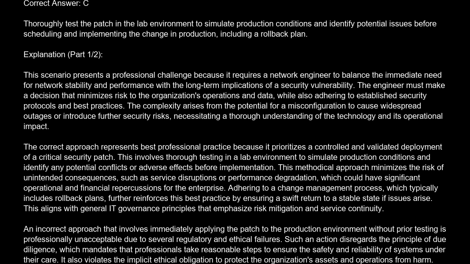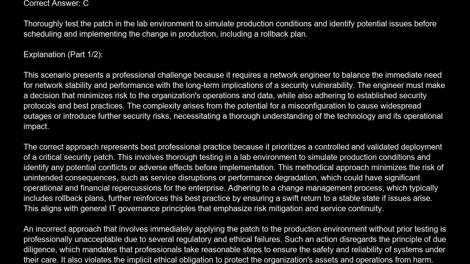This methodical approach minimizes the risk of unintended consequences, such as service disruptions or performance degradation, which could have significant operational and financial repercussions for the enterprise. Adhering to a change management process, which typically includes rollback plans, further reinforces this best practice by ensuring a swift return to a stable state if issues arise. This aligns with general IT governance principles that emphasize risk mitigation and service continuity.